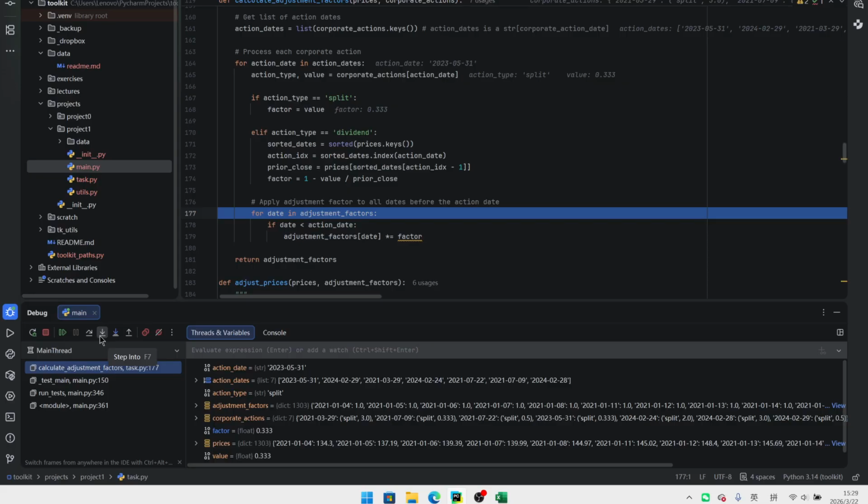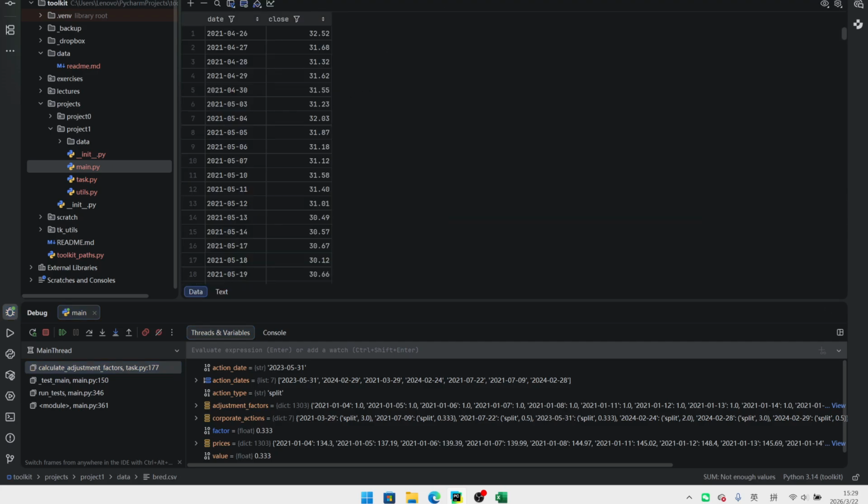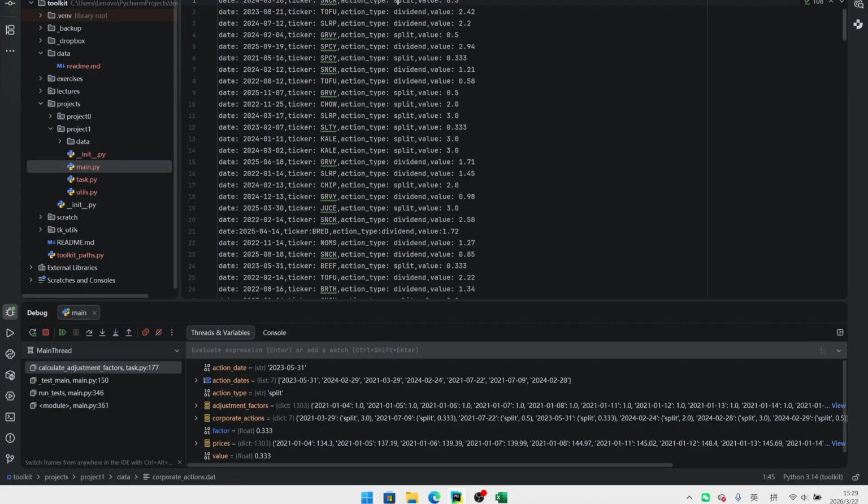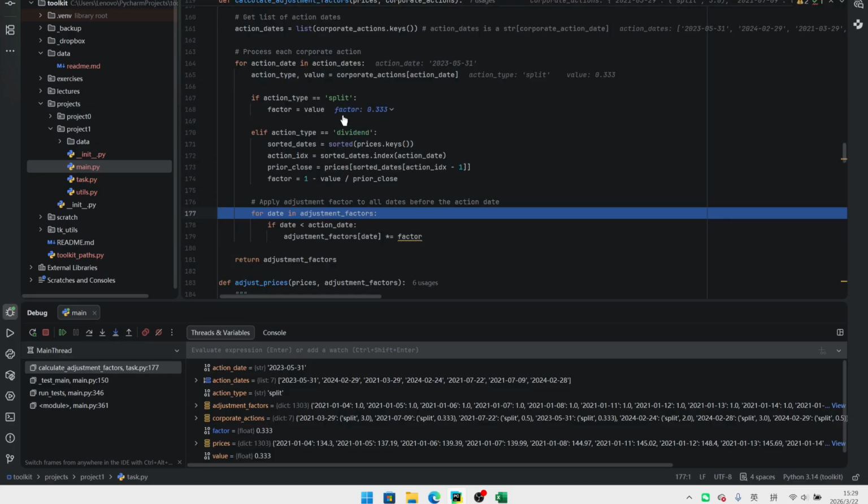Correct. And for dates in adjustment factor, so if the split is 0.33, 241, so what does that mean? So we can just search the action dates. 0.2, what does 0.2 mean?